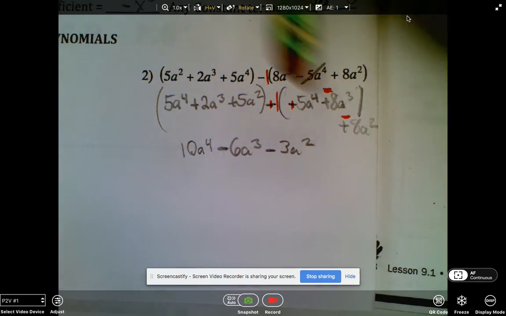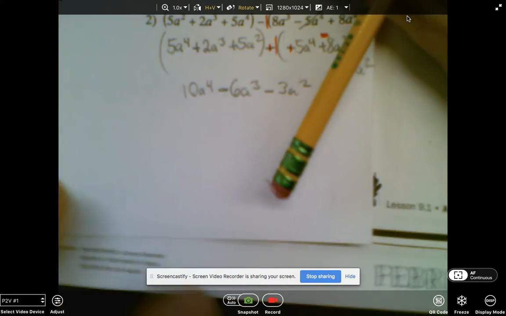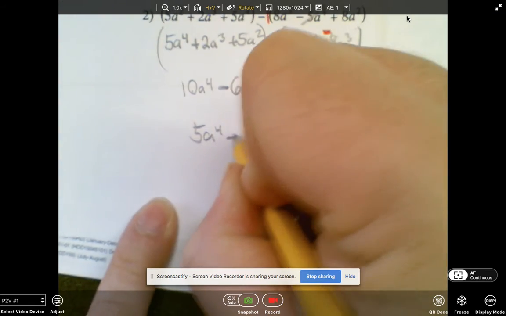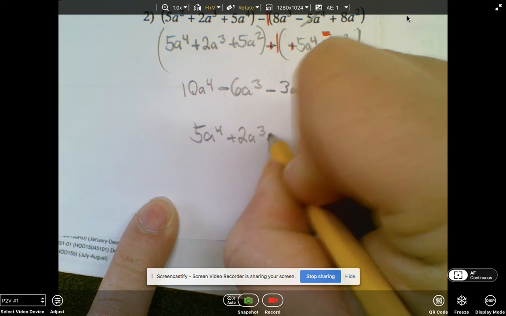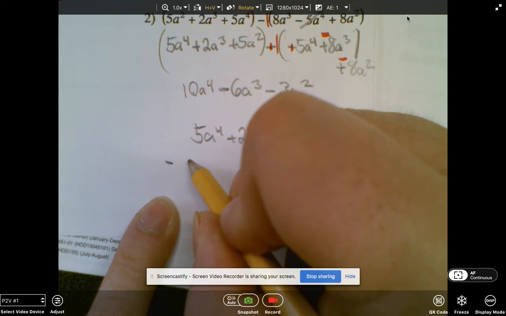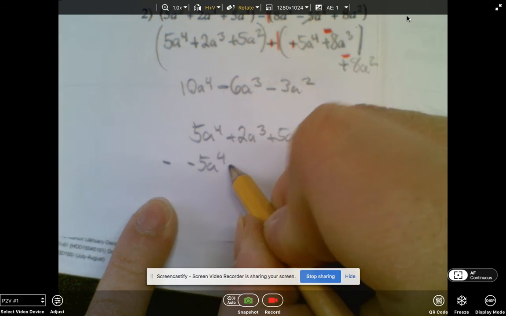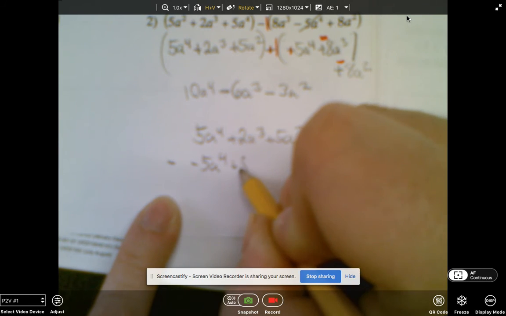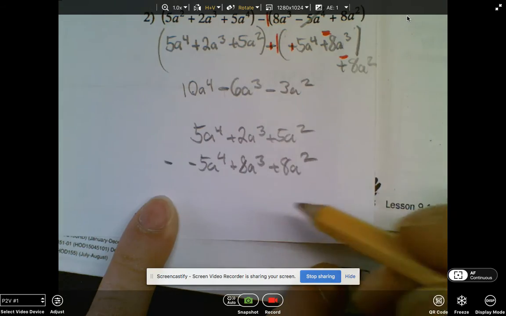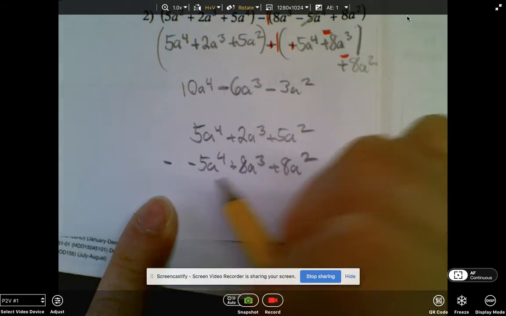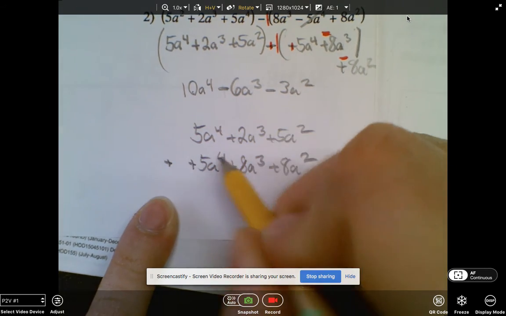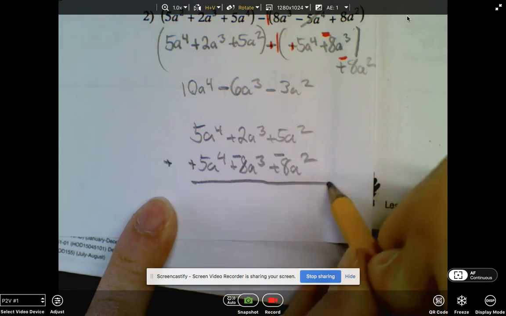I'm just going to quickly show it to you just for the heck of it, because this does actually look like it would have been better for a vertical method. So if I did this vertically, this would have been 5a4 plus 2a3 plus 5a2. And then this would have been minus negative 5a4 plus 8a3 plus 8a2. So this kind of lines up nicely. Maybe leave spaces if you're missing a degree. And then I would change this to plus a positive, a negative, and then add it up.